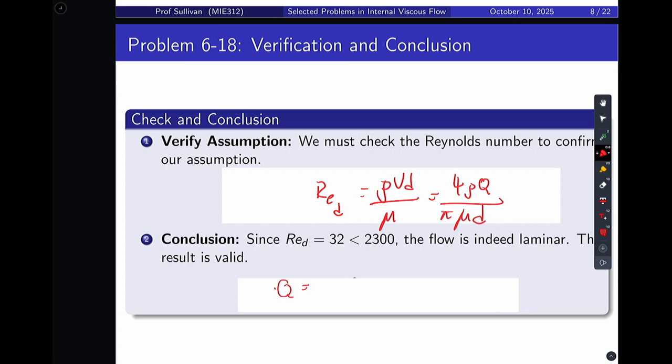And if you do it in terms of hours, the flow rate is 4.3 cubic meters per hour, which is actually a pretty large volume over a very long time to be moving. But Reynolds number based on diameter, 32, is well below the 2000 limit.